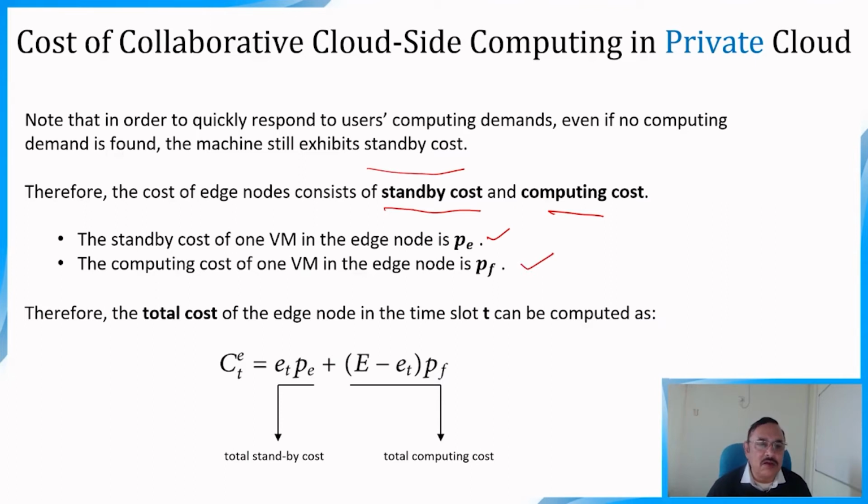So, the total cost of the edge node in time slot t is composed of the standby cost, that is P_e multiplied by E_t, plus the computing cost, that is (E minus E_t) multiplied by P_f, the computing cost of 1 VM in the edge nodes.